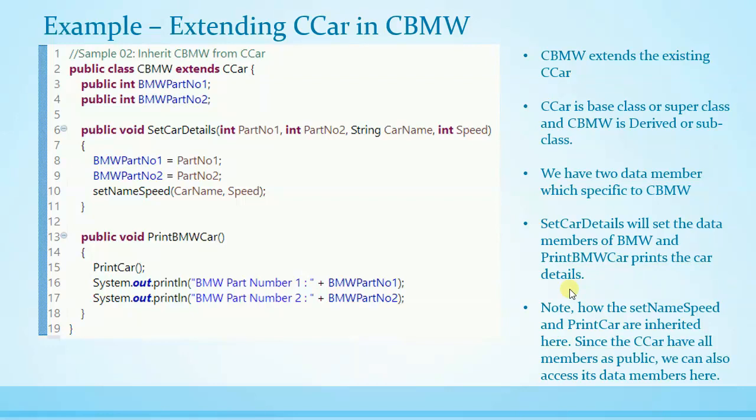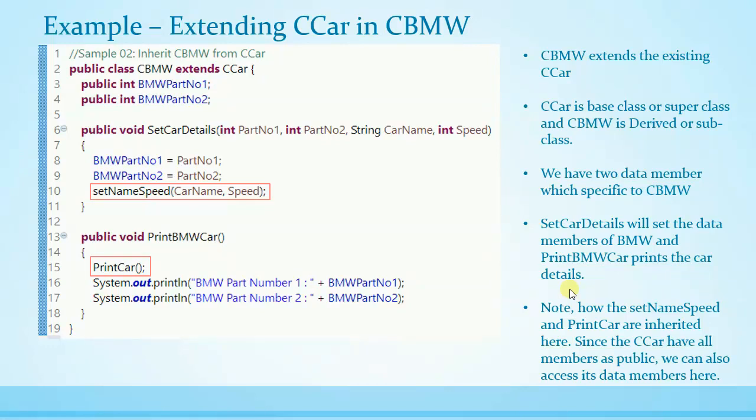You can note how setNameSpeed and printCar are inherited here. Since those two methods are public in CCar, they get inherited here like the data members. So we are using those inherited members and calling them. One we already called at line number 10.